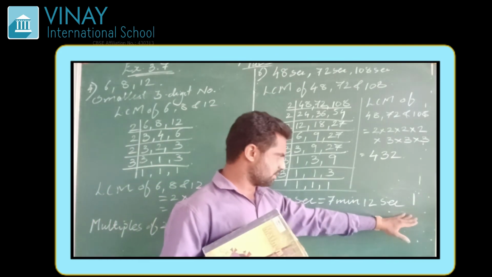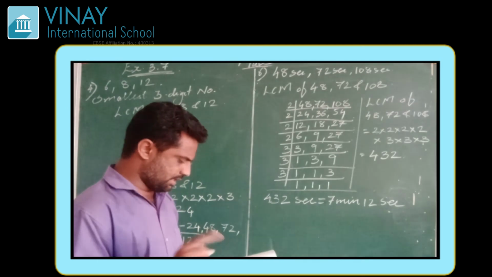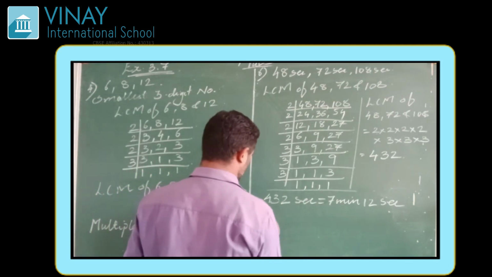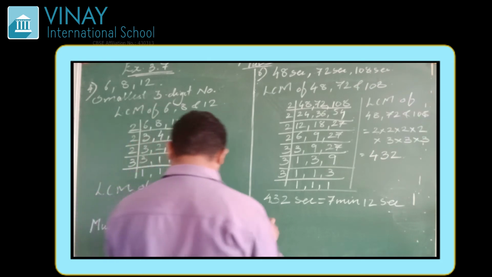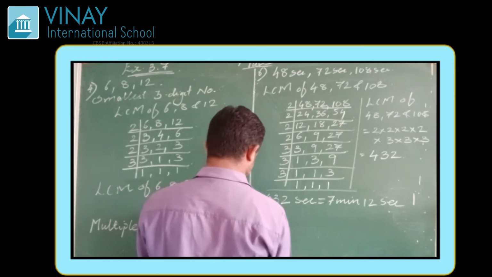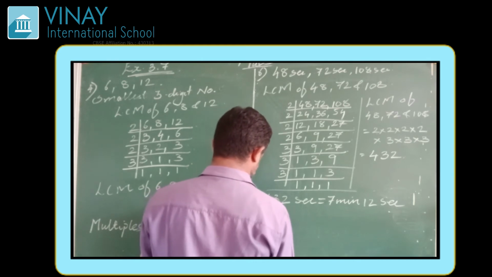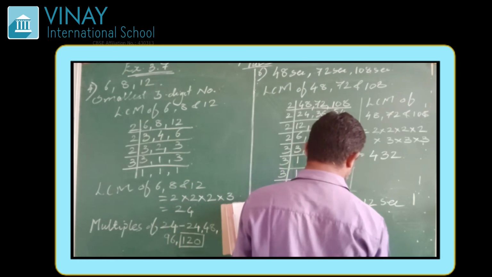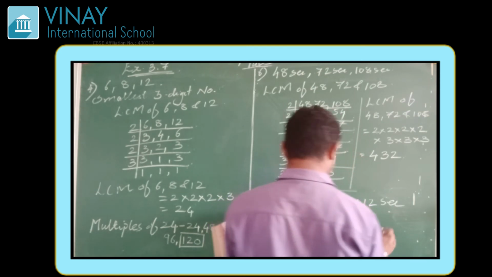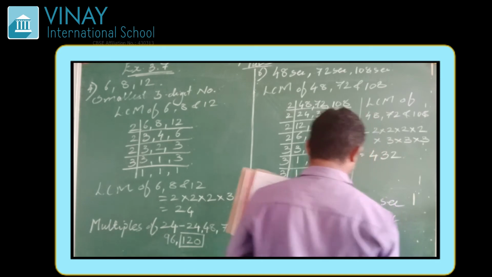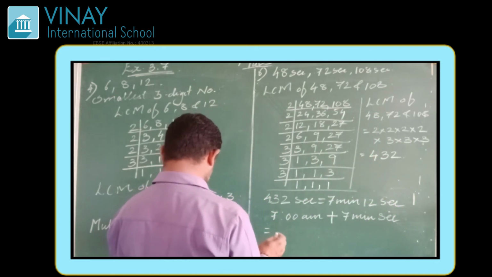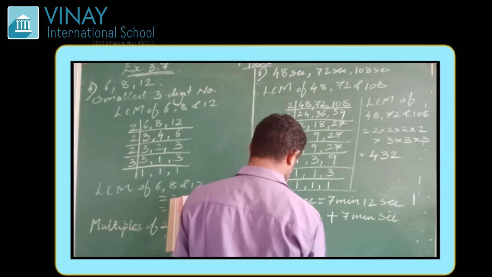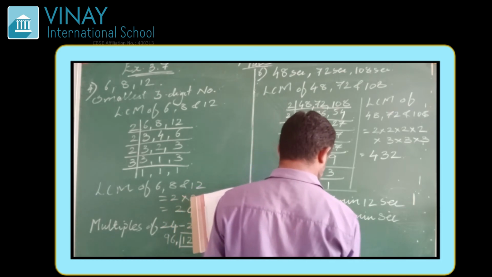And it is given that they change simultaneously at 7 AM, so what will be the time again? The next time they come together will be 7 AM plus 7 minutes 12 seconds.